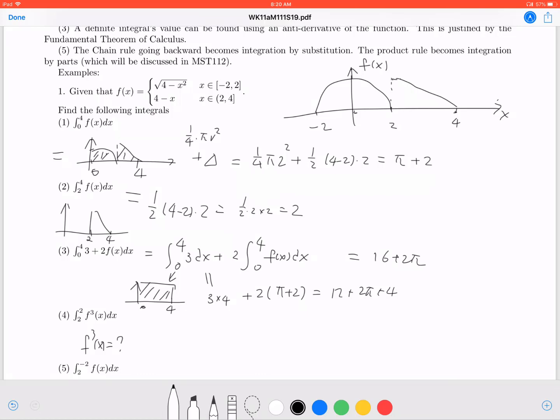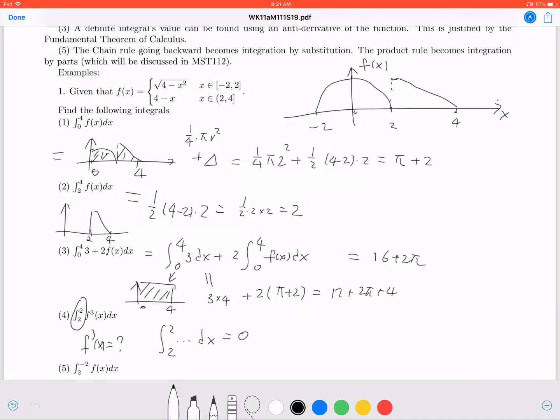It's unlikely that we can find its definite integral using the area. But on the other hand, we notice that over here we have an integral from 2 to 2. That means we don't really have an area. It's just one line. So any function we have over here, it doesn't really matter. This is going to be equal to 0. So number 4 is simply going to be 0.